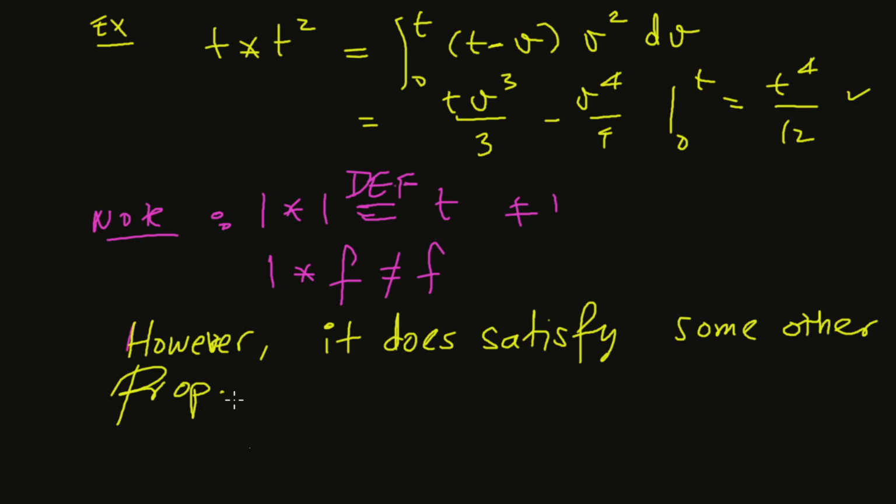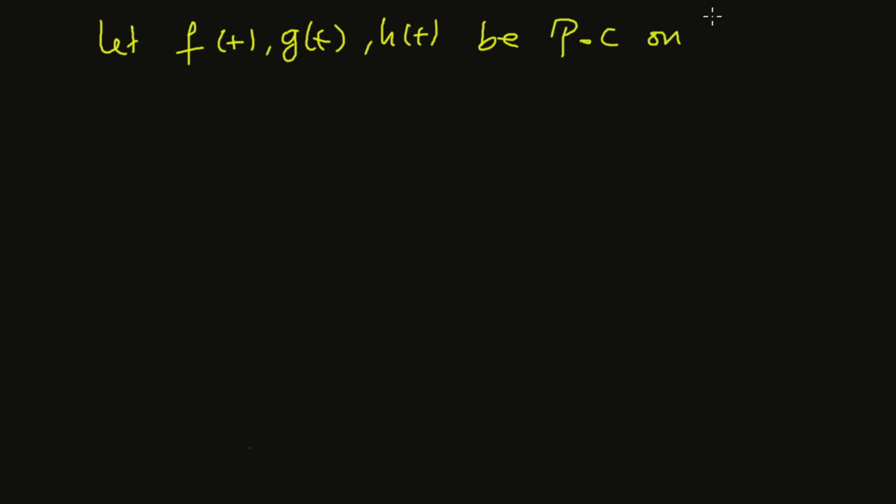And of course, let a function f of t, g of t, and h of t be piecewise continuous on this interval. So if we have the convolution of f with g, it's going to be the same as the convolution of g with f.